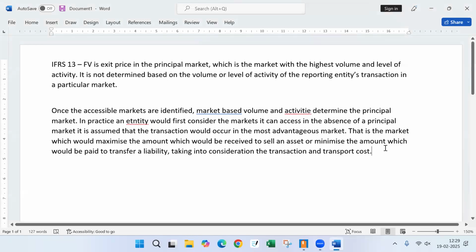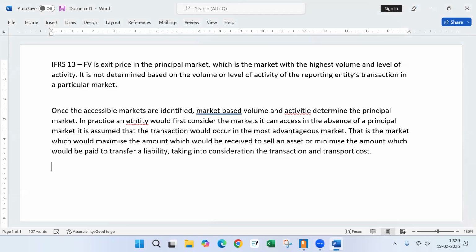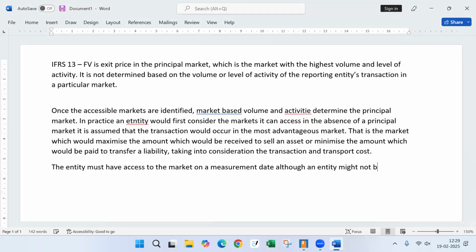Right? So in either case, the entity must have access to the market on a measurement date, although an entity might not be required to be able to sell the asset on that date.